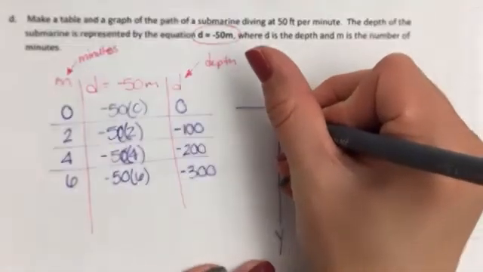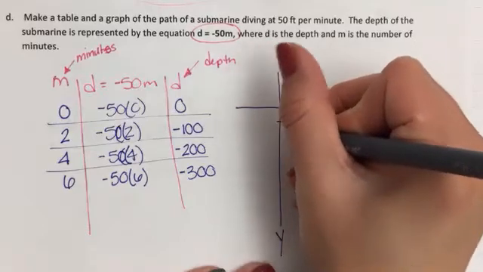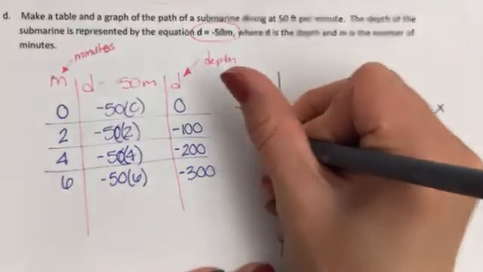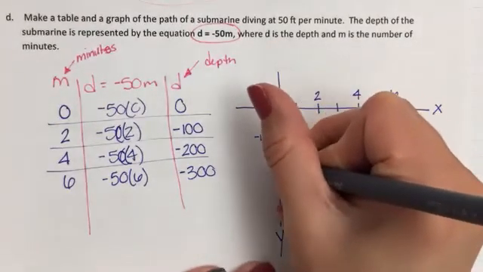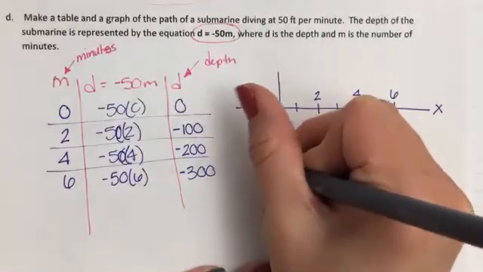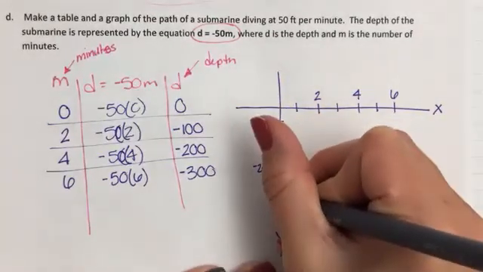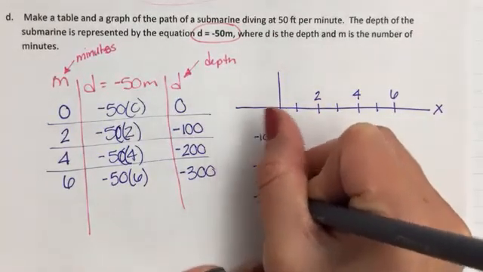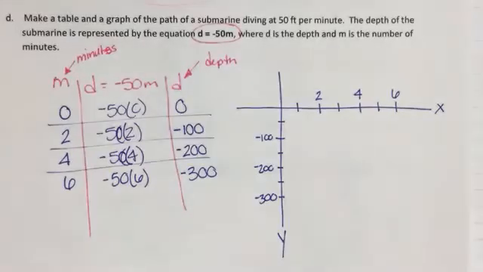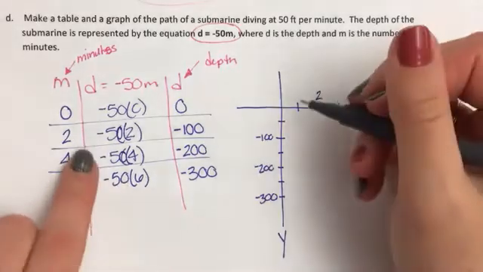So for example, 50, 100, 200, 300. And then just notice how I tried to keep my spacing as consistent as I could through there.